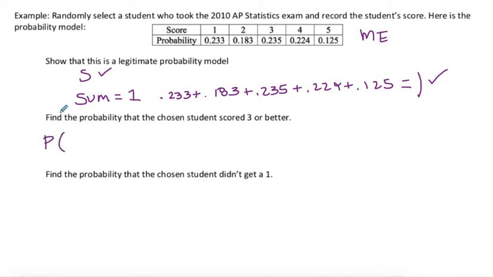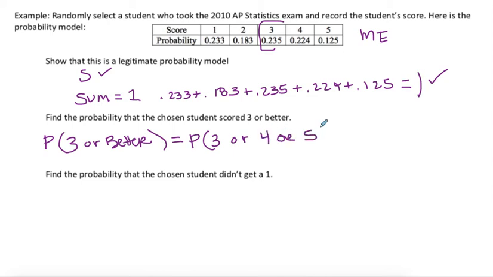So our first question says find the probability that the chosen student scored 3 or better. So our event is 3 or better. And if we're saying 3 or better, it could be a 3 or a 4 or a 5. So if we had this, we could also write it this way as well.